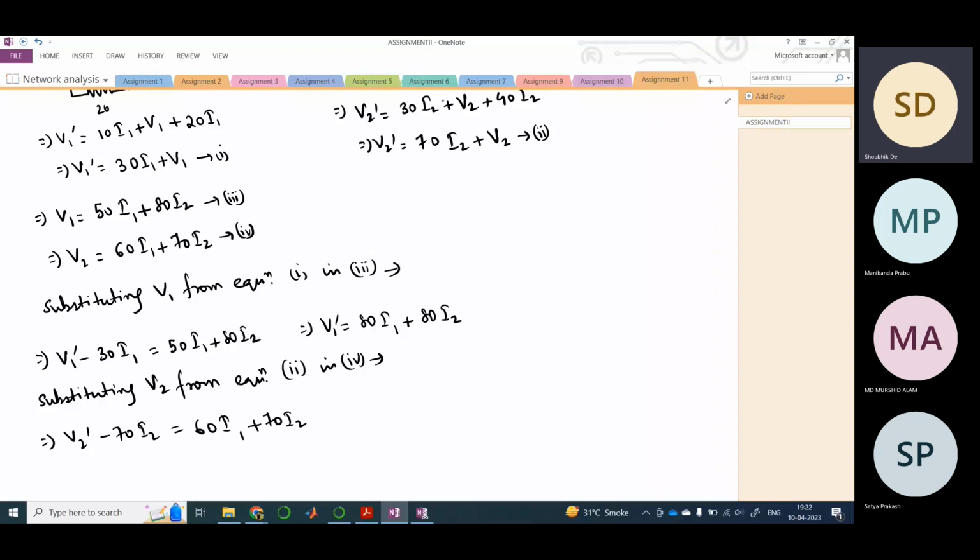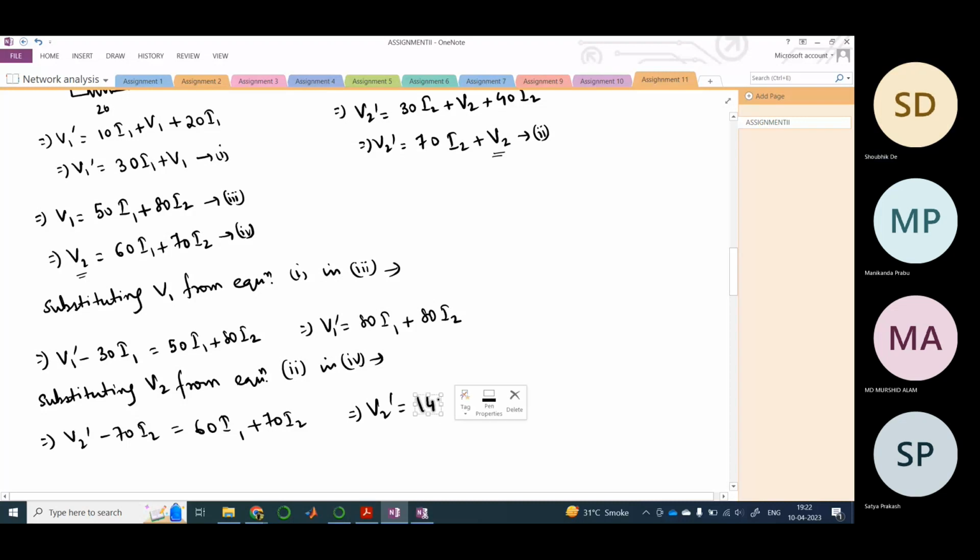We are basically substituting this into this, right? So V2 would be V2 dash minus 70 I2, and we are getting this equation. The resultant final equation would be 60 I1 plus 140 I2.